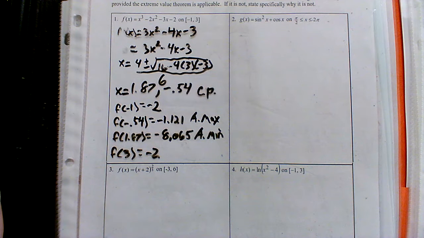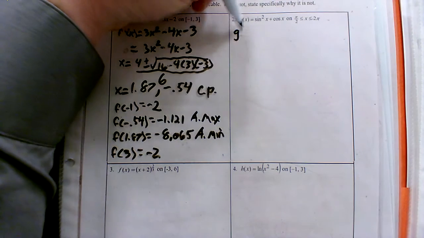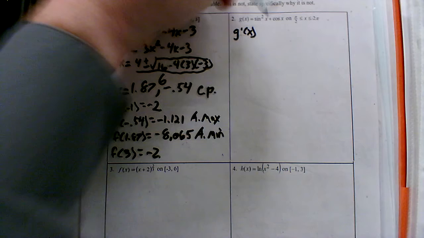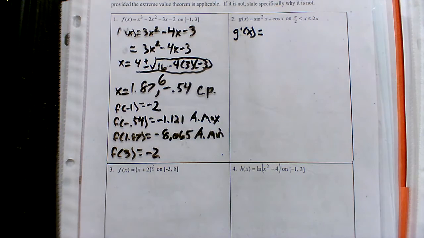Any questions about how we arrived at that answer? Alright, so the next one might seem a little trickier because it involves trig functions, but we're going to work through the same process. So we need to find the derivative. If I have sine squared x, what is the derivative of that?